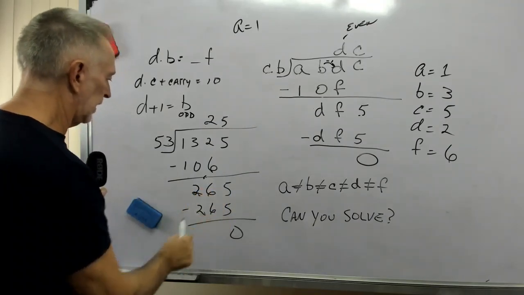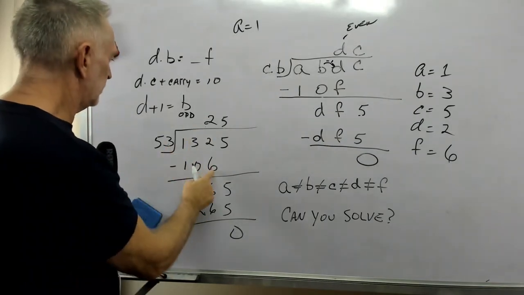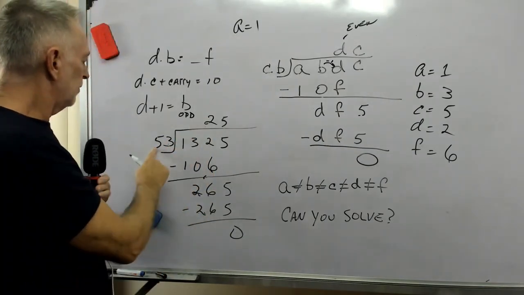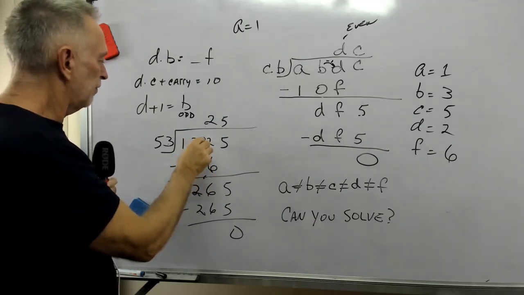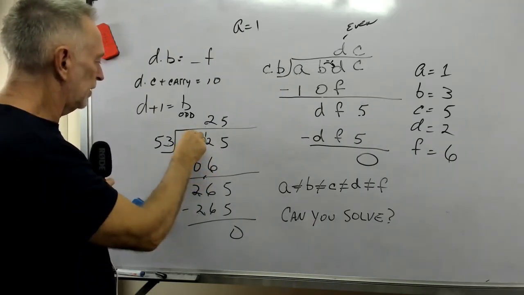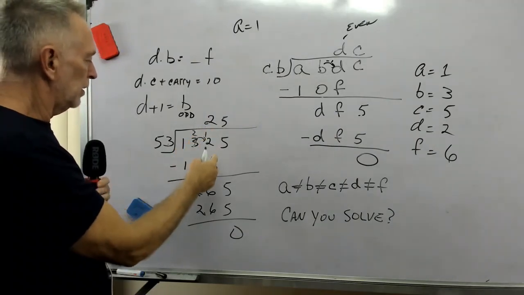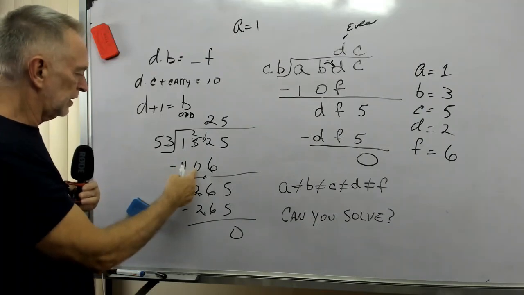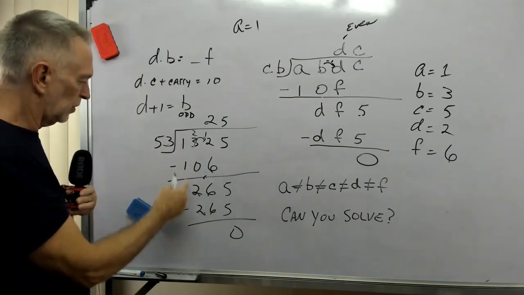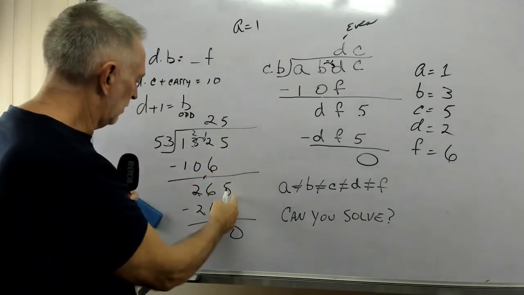So let's see now if that all works out. 2 times 3 is 6. 2 times 5 is 10. So we'd have to borrow 1 from that to make that a 12. That becomes a 2. So 12 minus 6 is 6. 2 minus 0 is 2. 1 minus 1 is 0. Bring down the 5.